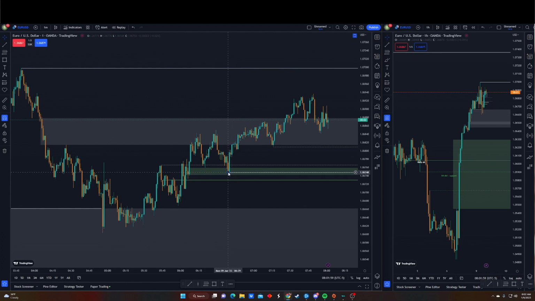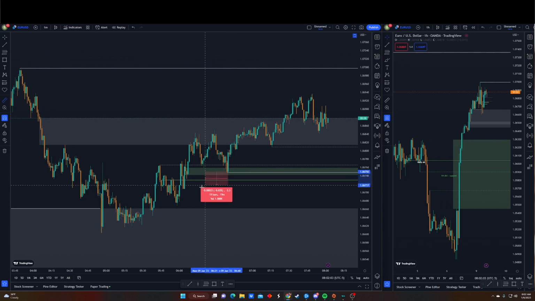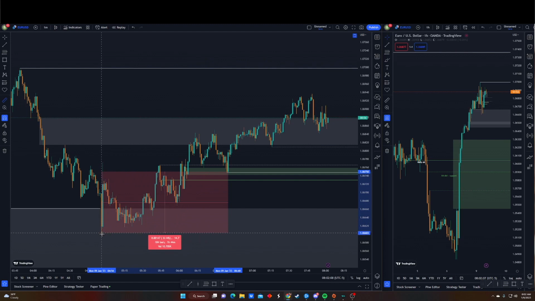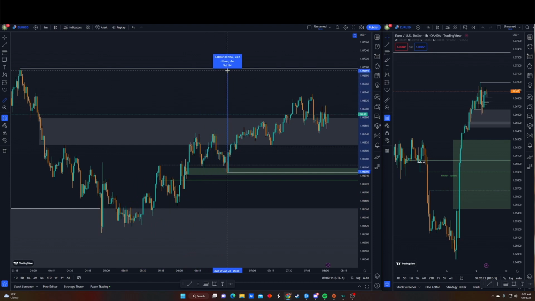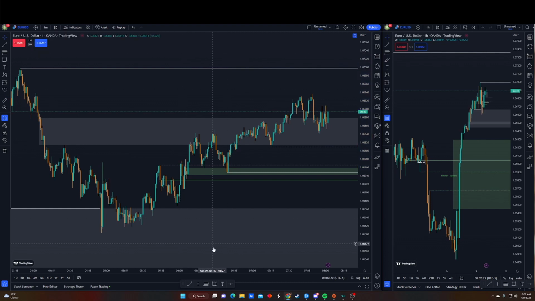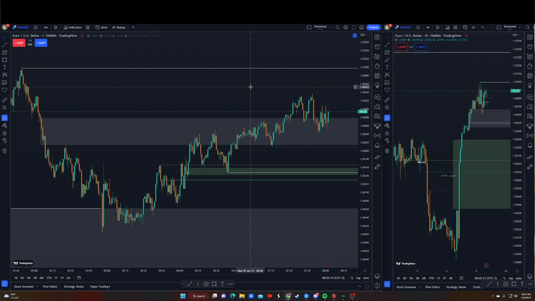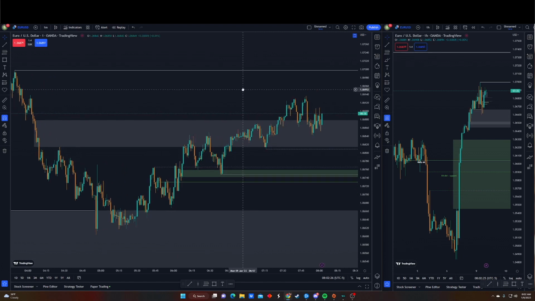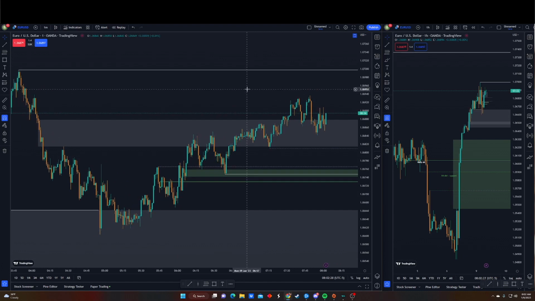A long below here. I mean, I could set my stop. Oh, that would be a lot. 14.7 to make 24.8. That's my idea. That would be my only idea. We'll see if we get it.